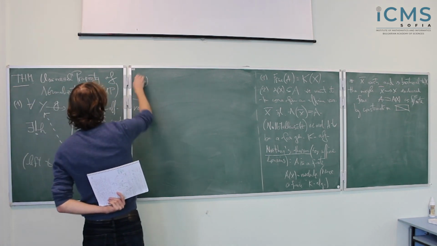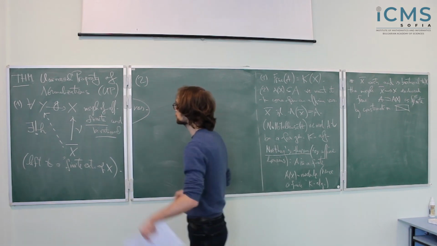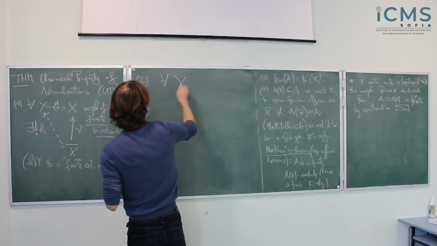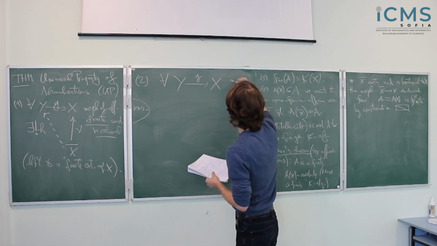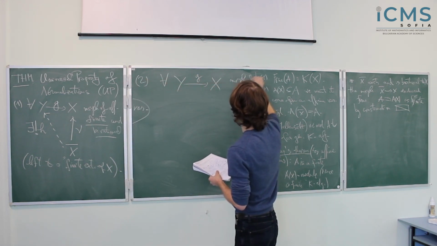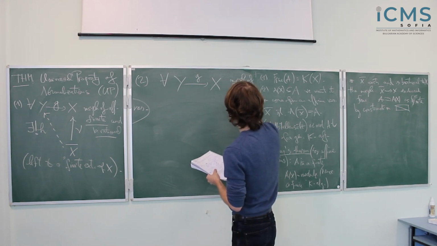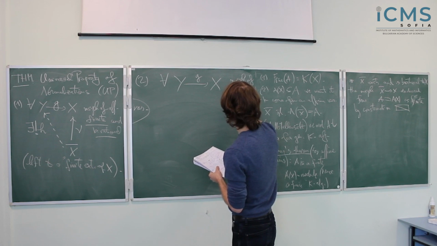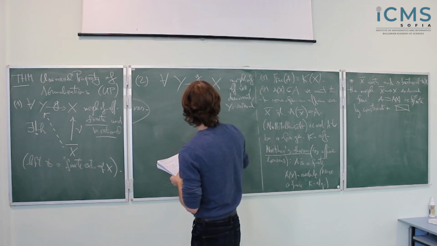The second part is actually something that is a dual version of this one. So if I take y to x again, a morphism of affine varieties that is only dominant and y is normal.